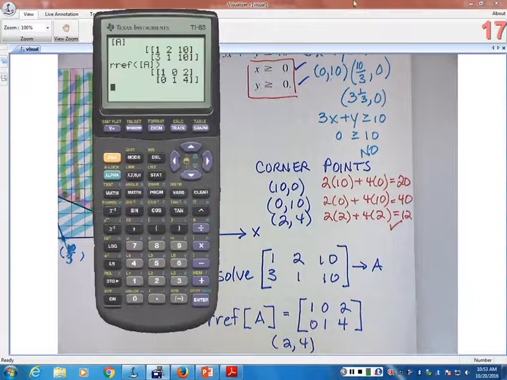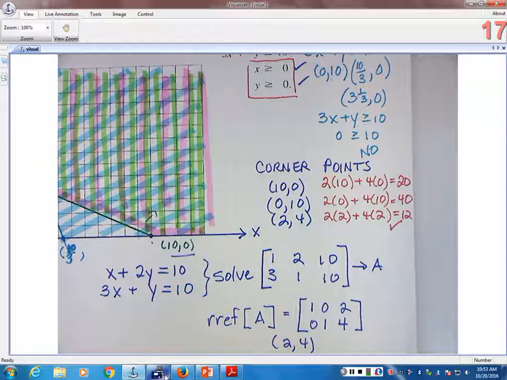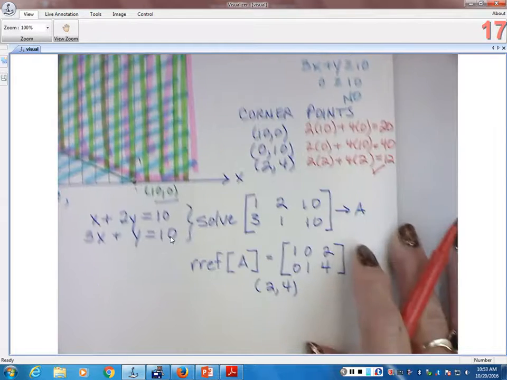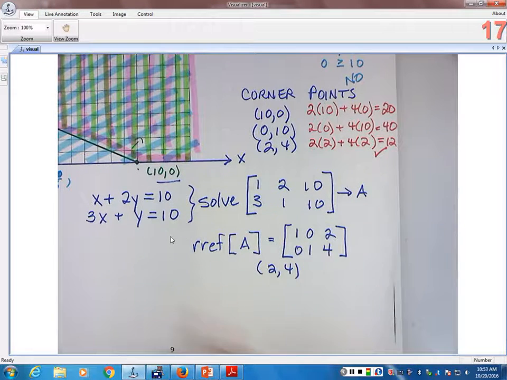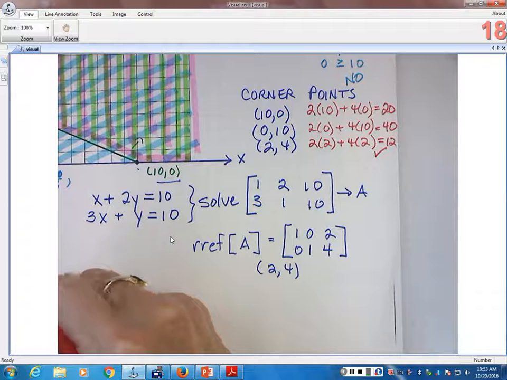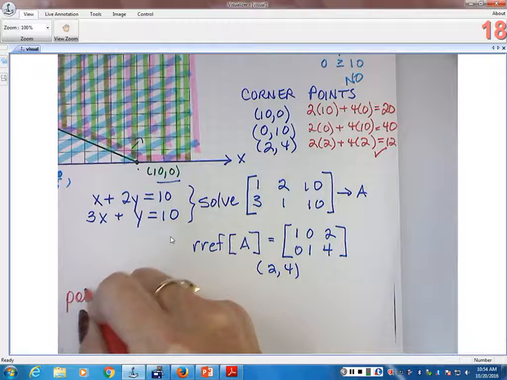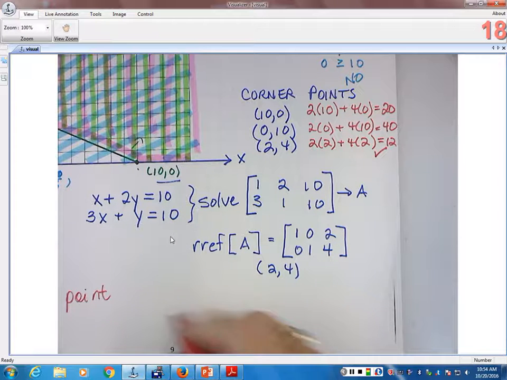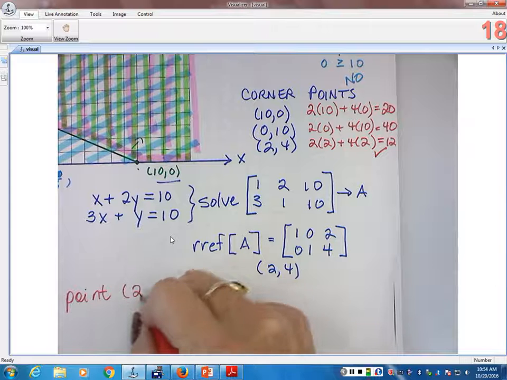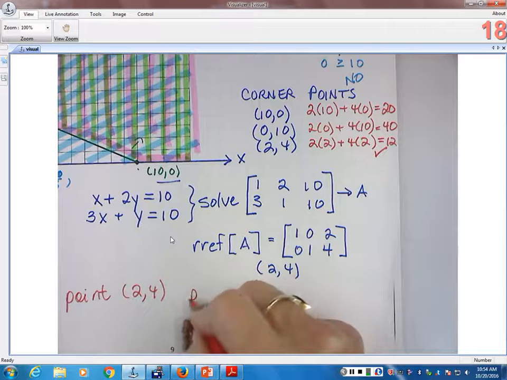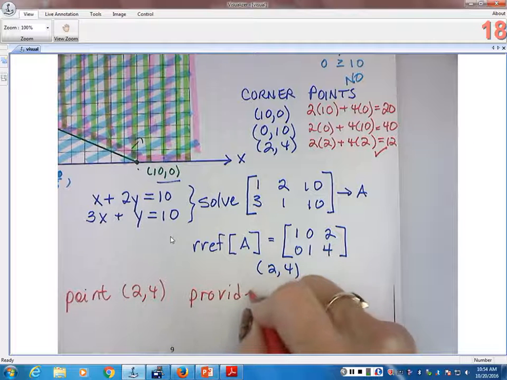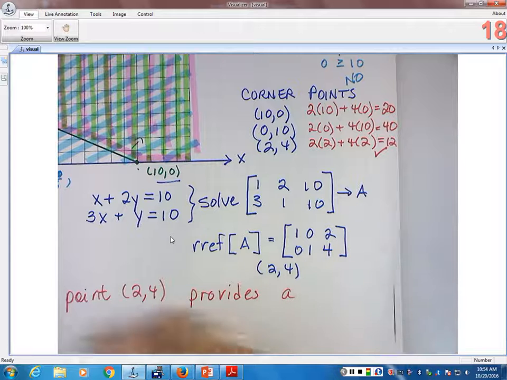So the solution for our problem was the point 2, 4 provides a minimum value.